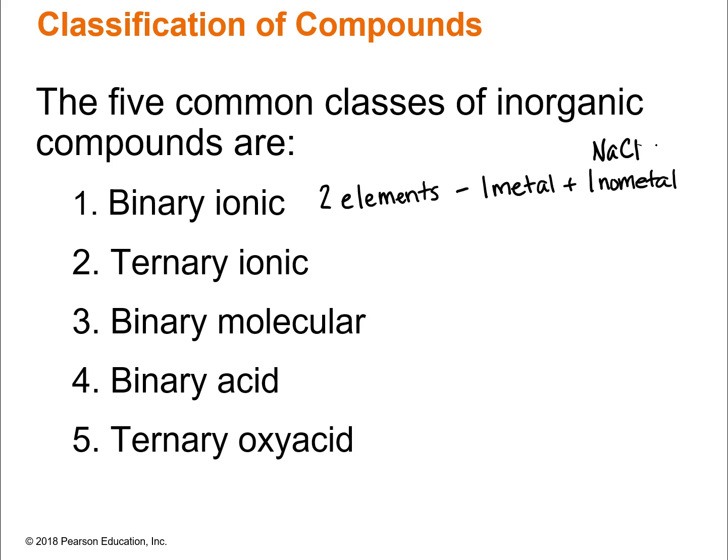So Na, that's sodium, that's a metal, and Cl is chlorine, that's a nonmetal. So you're going to need to remember which part of the periodic table is metals, which part's nonmetals, because that's absolutely going to be needed here when you're classifying compounds.